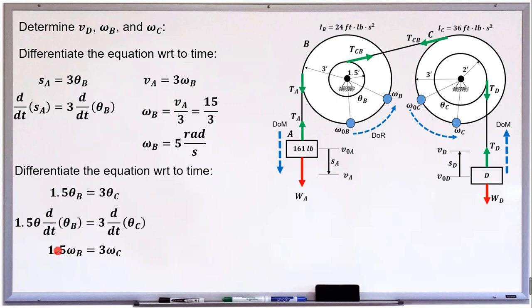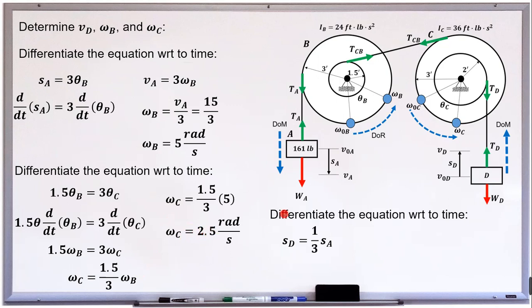So we have 1.5 times the angular velocity at B is equal to 3 times the angular velocity at C. So the angular velocity at C is equal to 1.5 over 3 times the angular velocity at B. So the angular velocity at C is equal to 2.5 radian per second.